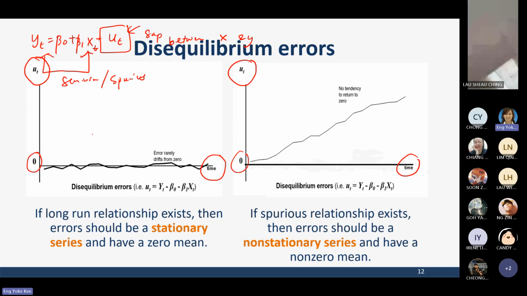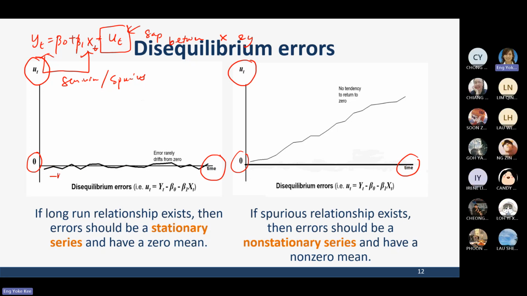Here is negative, near to 0, negative, near to 0, positive, negative, positive. Sometimes negative, sometimes positive. But we know that whether it is negative or positive, it will not deviate far away from this constant bound, right?